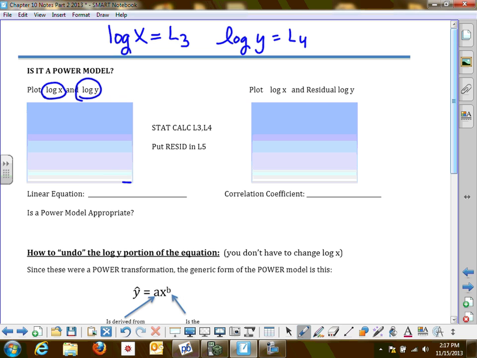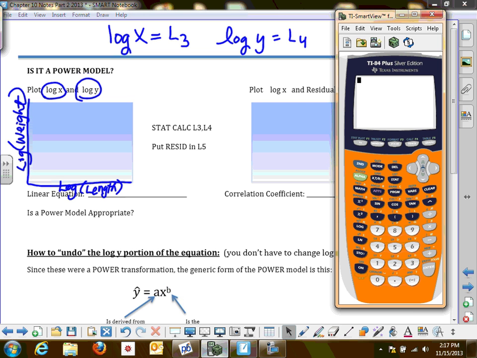So when we graph this, what will be on my x-axis? Good. I'm going to do log of length. That's log of the x's, and the y-axis is going to be log of the weight.